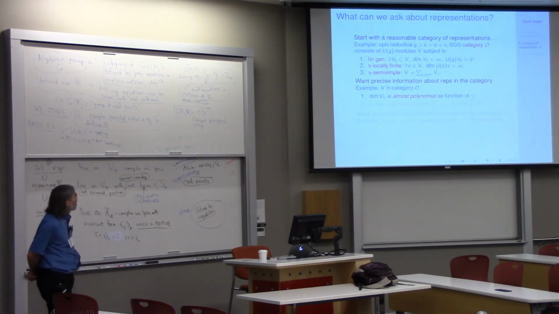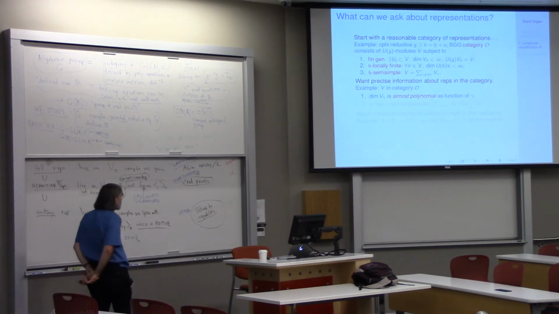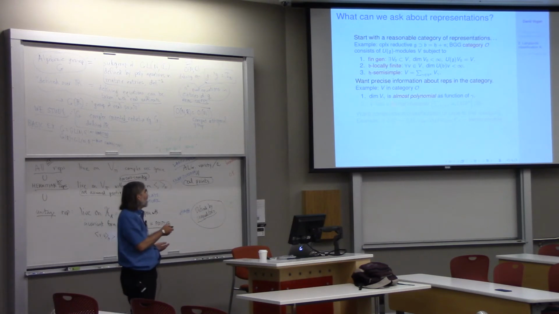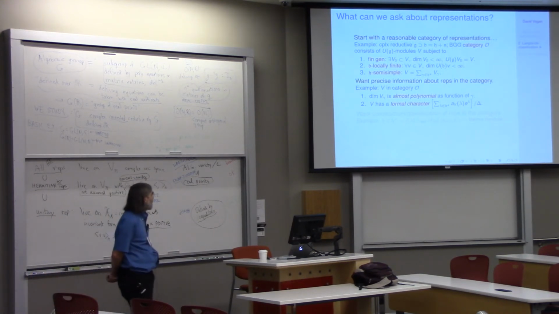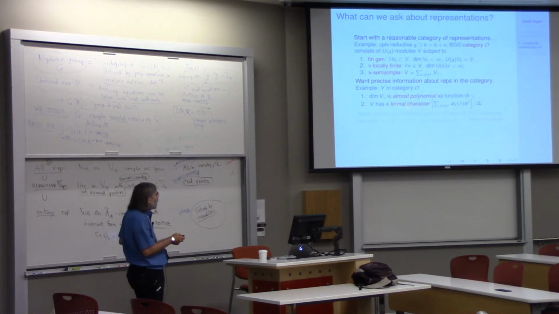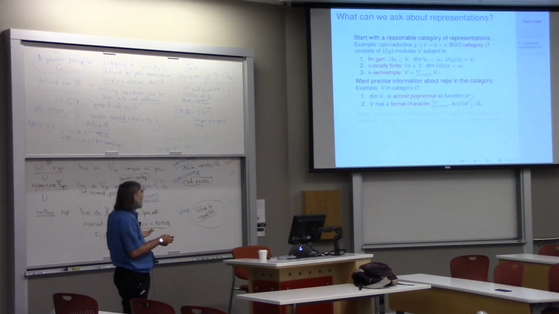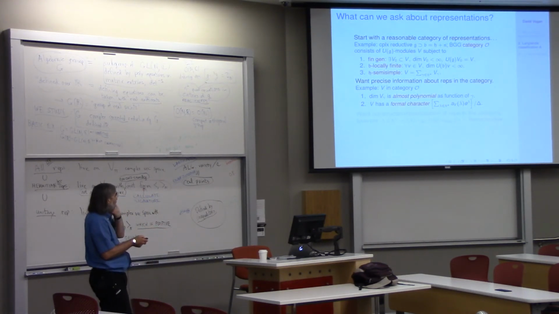I'm not going to write the definition, but you can say kind of precisely how this dimension varies with gamma. Another important fact is that V has a formal character. I'm not going to recall what the Weyl denominator is, or what formal character means, but that's what it looks like. You have a finite sum of exponentials in the numerator, and then the denominator is something fixed.